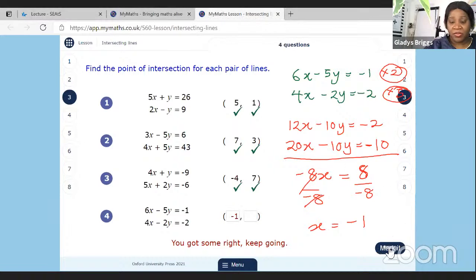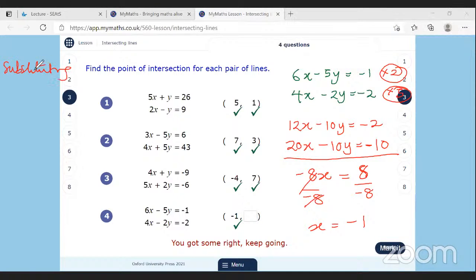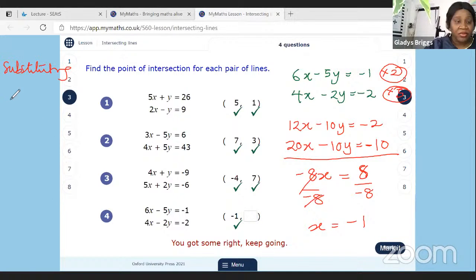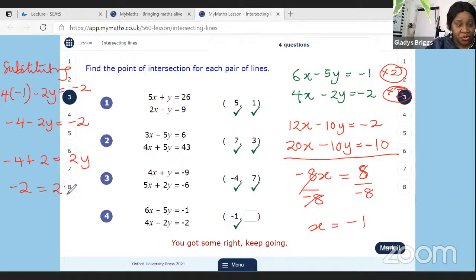I'll check. Okay, when x equals -1, substituting, 4 times -1 minus 2y is equal to -2. -4 minus 2y is equal to -2. -4 plus 2 is equal to 2y. -2 is equal to 2y.